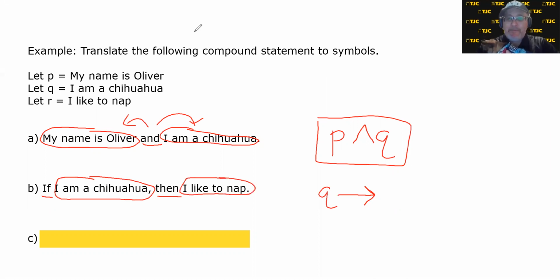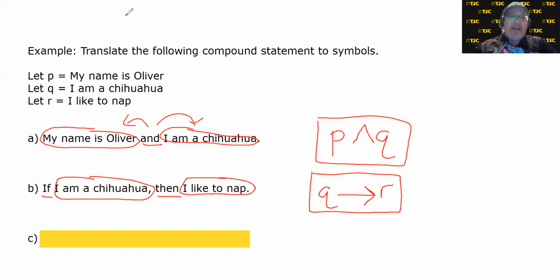I like to nap is R. So the symbolic representation of the compound statement, if I am a Chihuahua, then I like to nap, is Q pointing to R. Now you can read that Q pointing to R. You can read it Q conditional R. You can unpackage the symbol for the conditional and say, if Q, then R. Any of those are okay. I'll usually just say Q pointing to R.